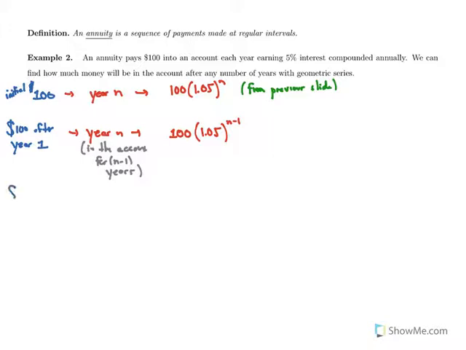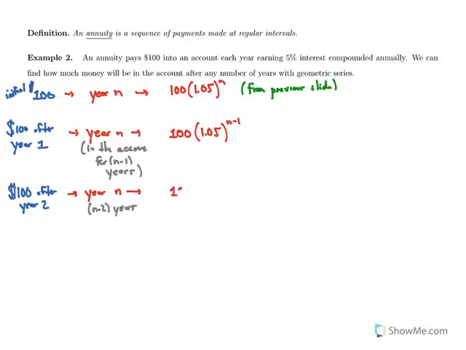Then we think about what happens to the $100 that we input after year 2. We think about how much that $100 is worth in year N. Note that this is going to be just for N minus 2 years that it's in the account.